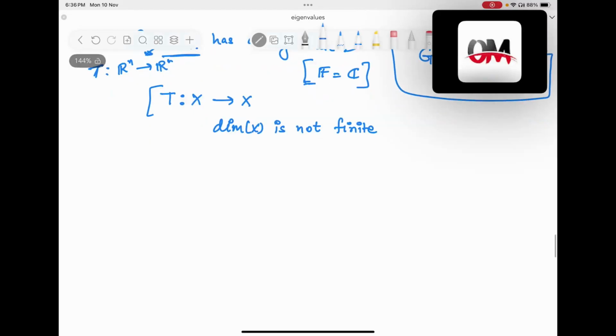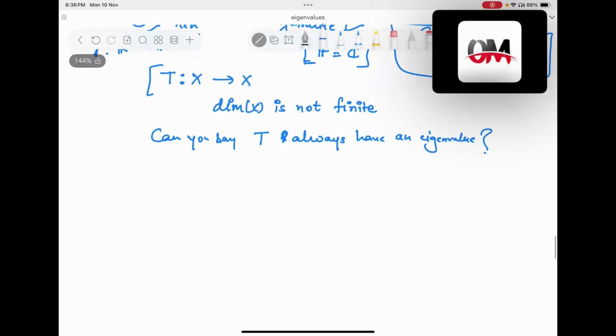Can you say T will always have an eigenvalue?